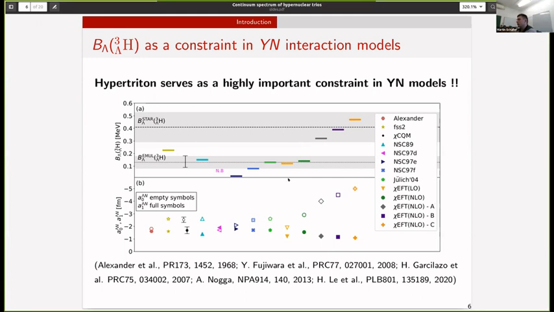They more or less reproduce or predict a lambda separation energy in the range given by the experimental errors, and accordingly they predict certain values of the lambda-nucleon scattering length in spin singlet and spin triplet.